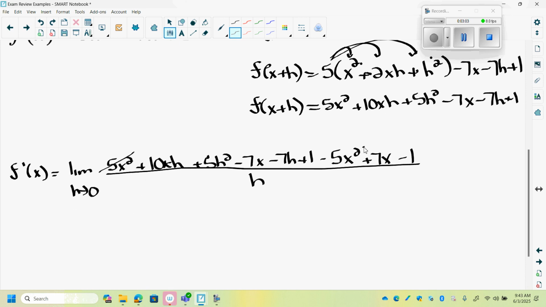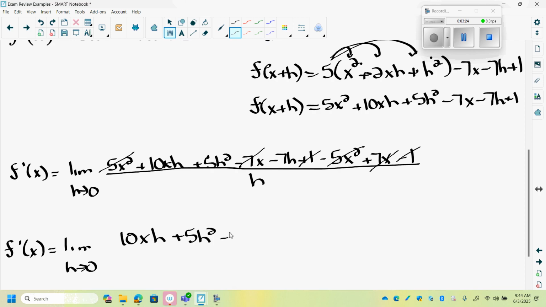5x squared minus 5x squared. Negative 7x plus 7x and positive 1 minus 1, they're gone. I'm left with the following limit. The limit as h approaches 0 of 10xh plus 5h squared minus 7h all over h.